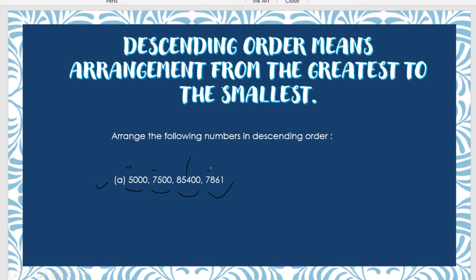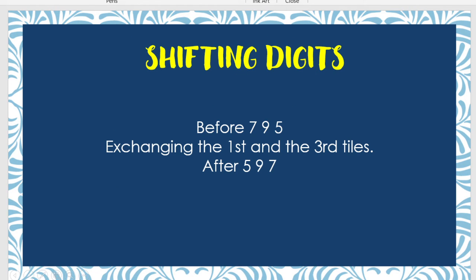So I will take this as the second number, this as the third and this as the fourth. If you are not able to understand, children, again and again I'm telling you, maths is a very easy and interesting subject. If you have any problem, you can ask me in the question box.